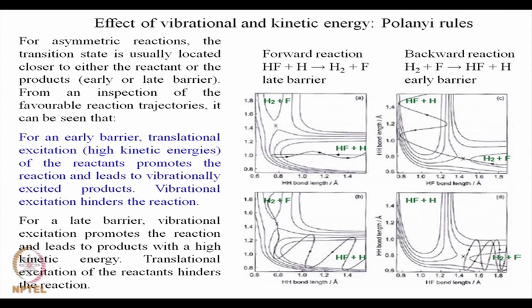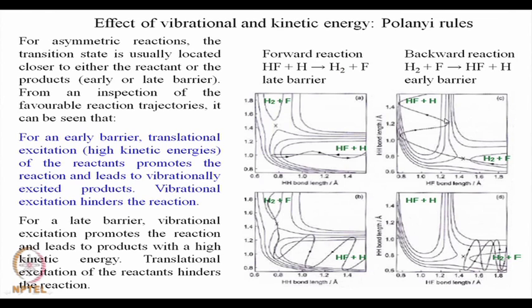So vibrational excitation hinders the chemical reaction for an early barrier. You see that is H2 plus F giving rise to HF plus H. So for an early barrier, vibrational excitation corresponds to hindrance of the reaction, but translational excitation corresponds to the product being vibrationally excited.